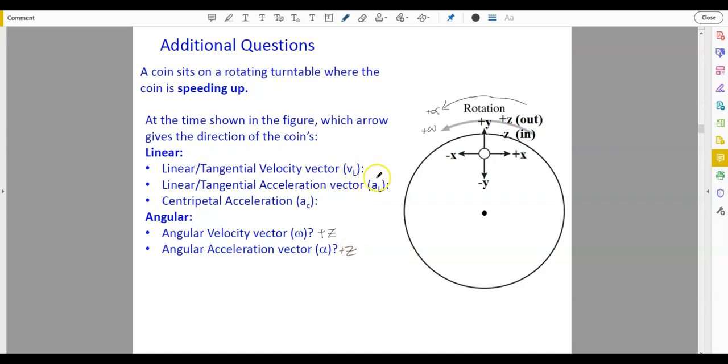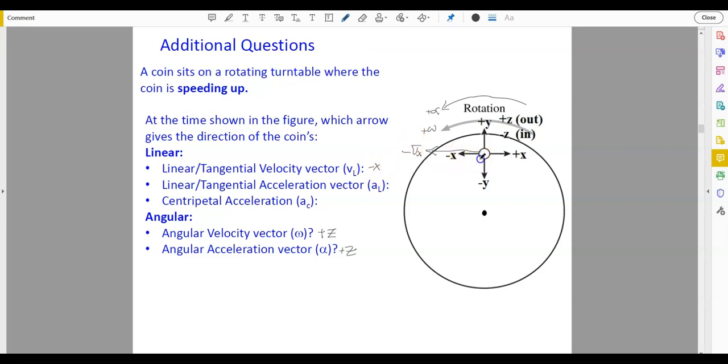So let's talk about the tangential acceleration, velocity vectors, and centripetal or radial acceleration vectors. So this wheel is turning. When it gets to this instance, it looks like the coin would be moving in the negative x direction. So at this instance, the coin is going to be moving with a velocity vector in the negative x direction.